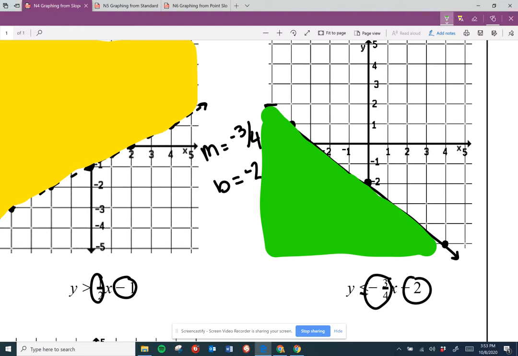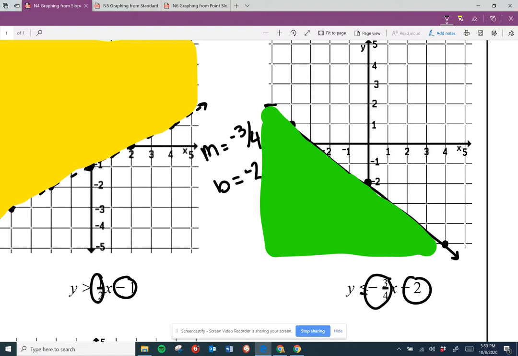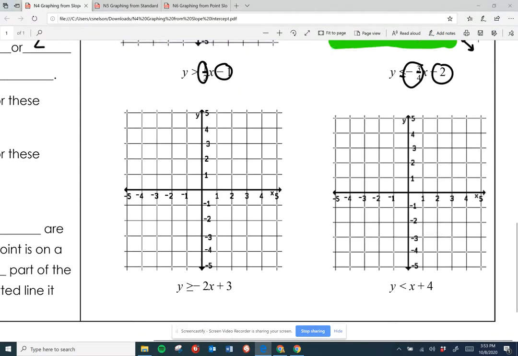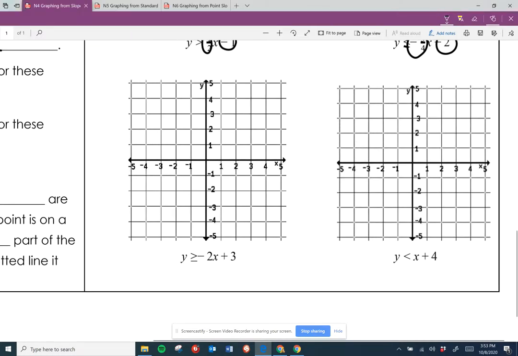Okay, now we have 2 more examples, so let's look at those really quickly. Right, the first one, the slope is going to be -2. So I'll go down here to my equation. I'll say, okay, it's -2, and go ahead and fill that in. The B is 3.